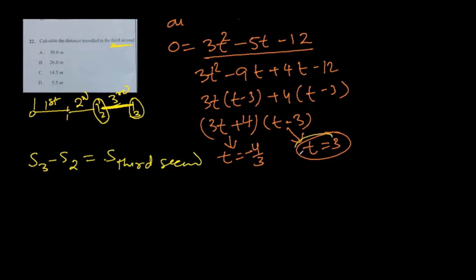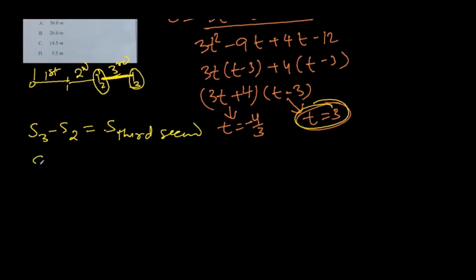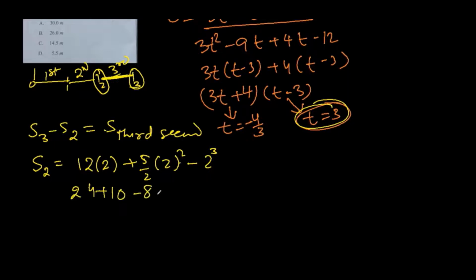S3 is already known to us. At t equal to 3, we got 31.5. Let's find S2 also. S2 will be 12 times 2 plus 5 over 2 times 2 squared minus 2 cubed. So 24 plus 2.5 times 4, which is 10, minus 8.